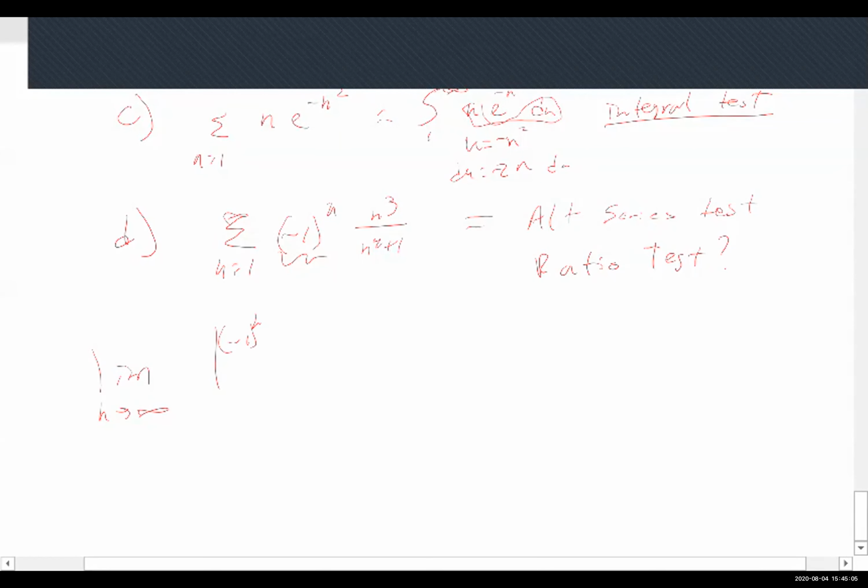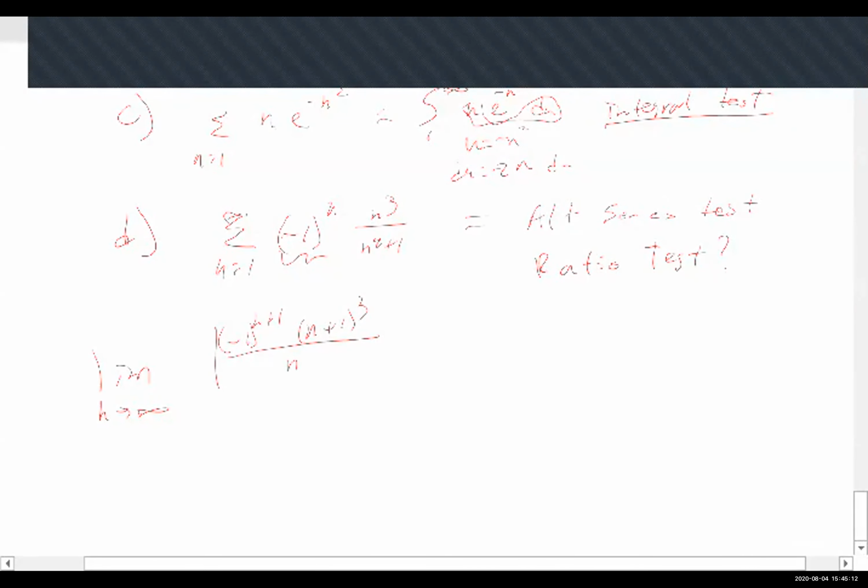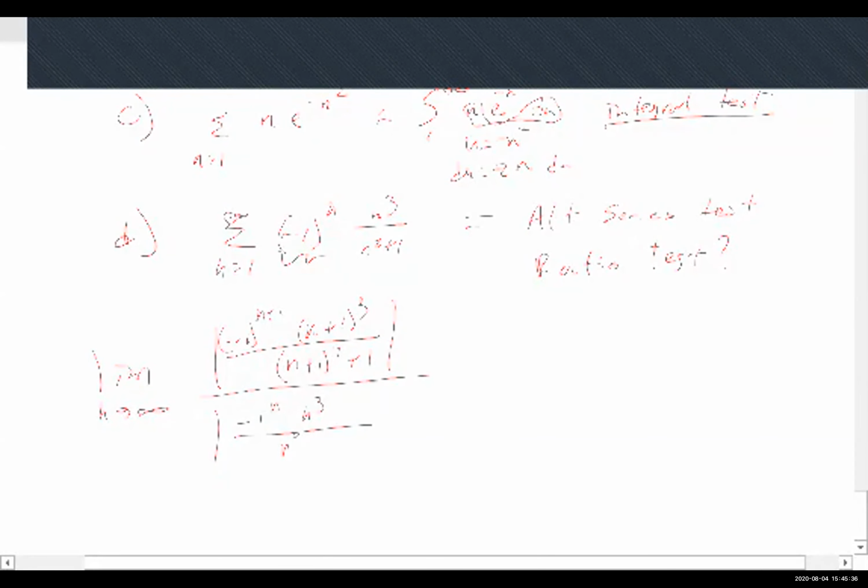So this is -1 to the n plus 1, n plus 1 cubed all over n plus 1 to the fourth plus 1, all over -1 to the nth, n cubed, all over n to the fourth plus 1. I'm just going to break it up into two absolute values. Boom. Okay.